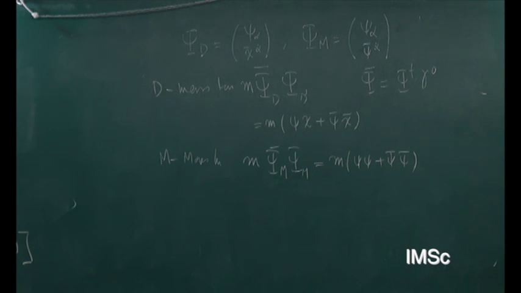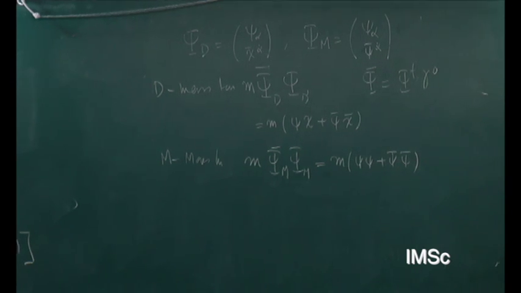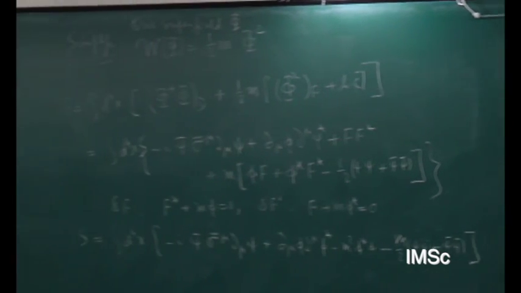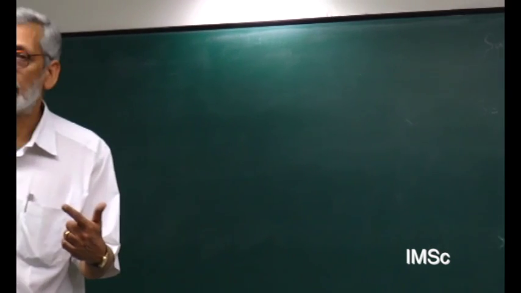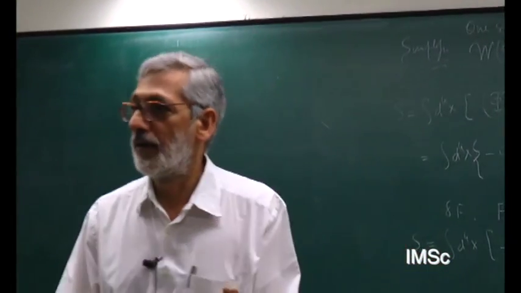Now I want to make one general remark. We have seen that to write supersymmetric Lagrangians or actions, we write Lagrangians which change under supersymmetry by a total derivative. So you might ask, can I write a Lagrangian which just doesn't change at all?